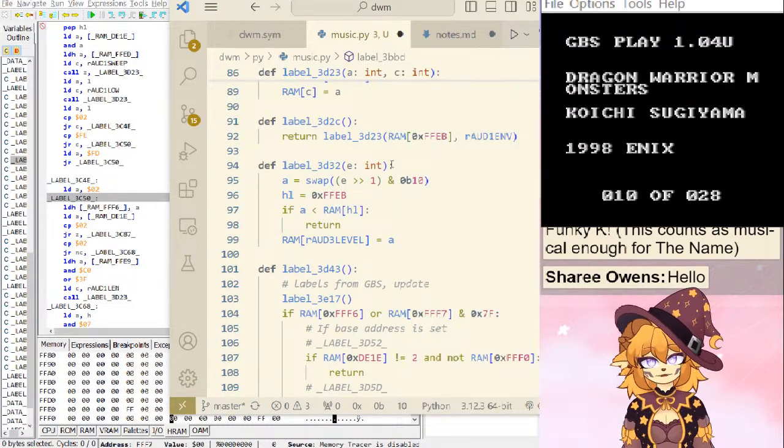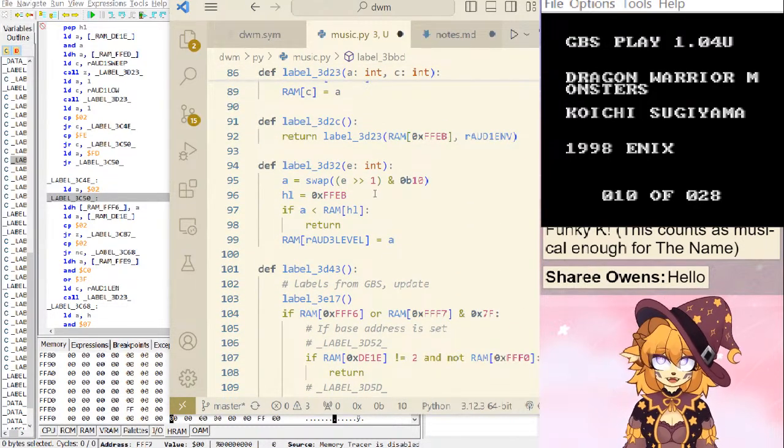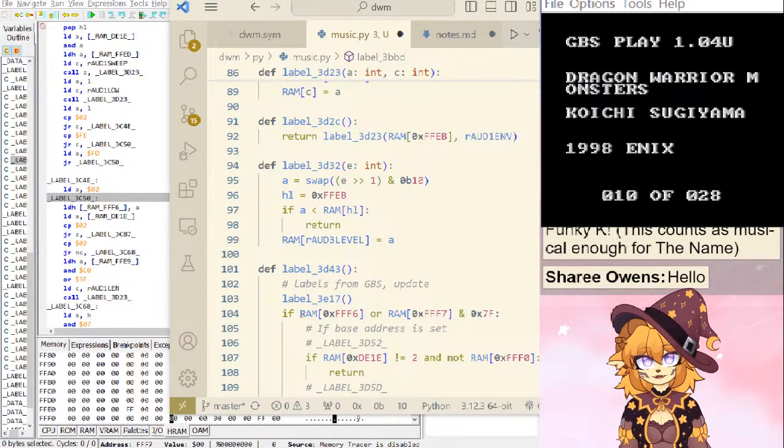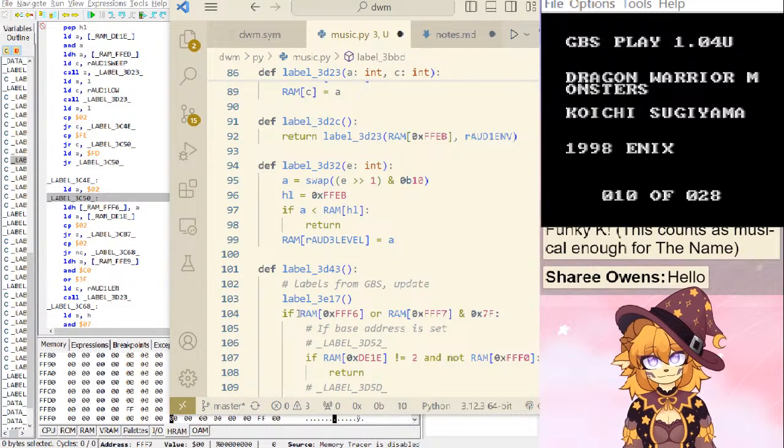So probably reasonable to assume that FFF6 is the low byte of the period. Which, I say high period, but it's the period's high byte.